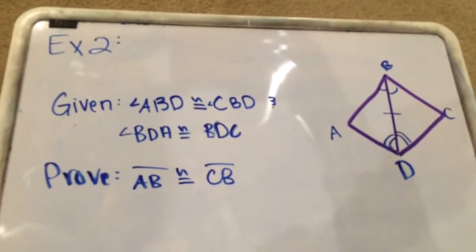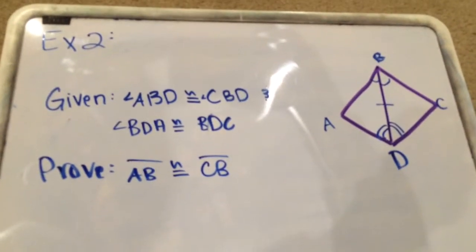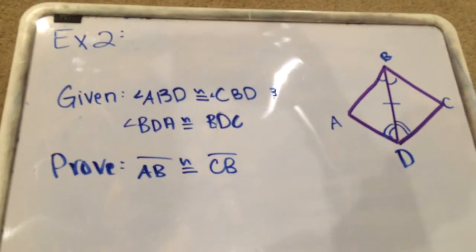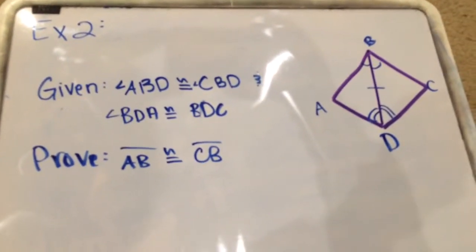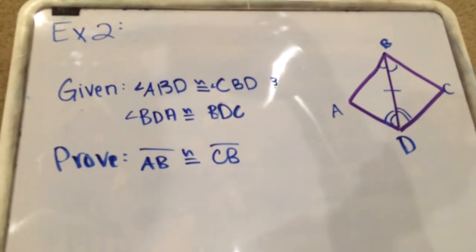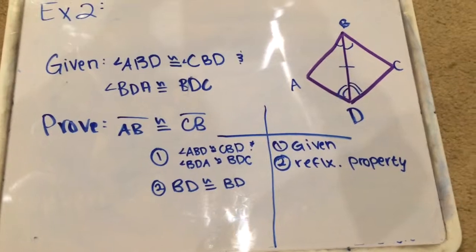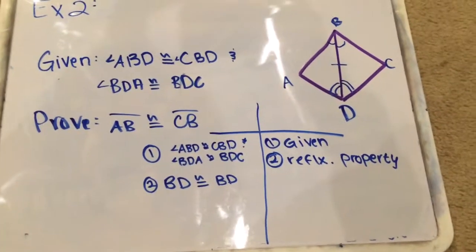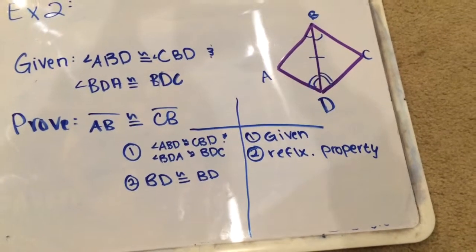Okay, here's example 2. Here's the shape, and we are given that ABD is congruent to CBD, and that BDA is congruent to BDC. We want to prove that AB is congruent to CB. Our first step is to find the given, and our second step is we know that BD is congruent to BD because of the reflexive property.